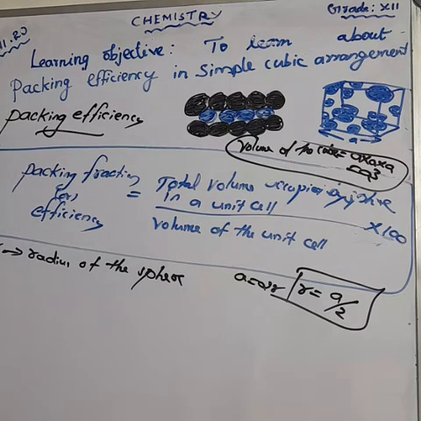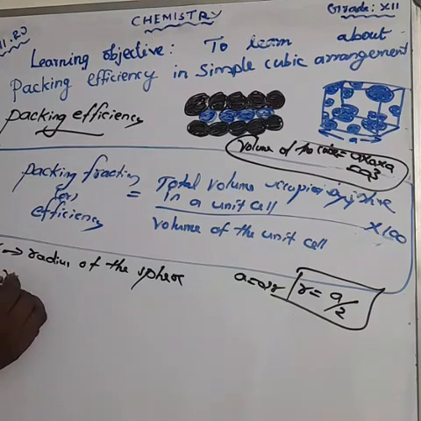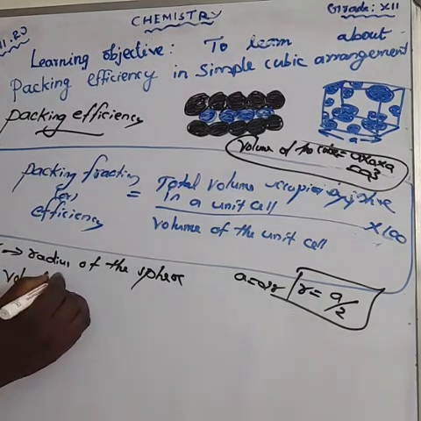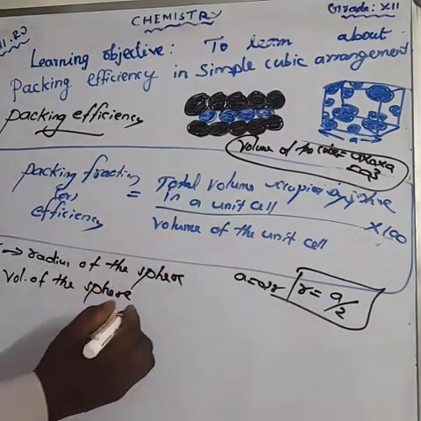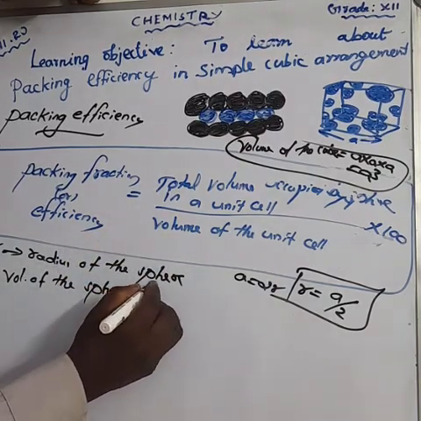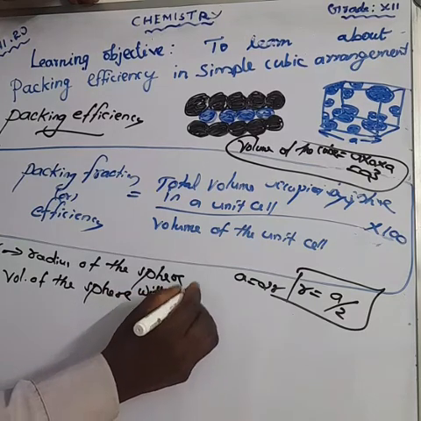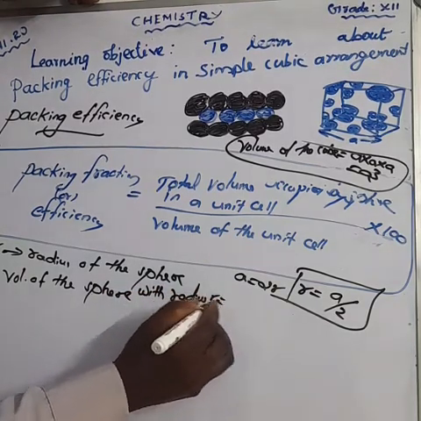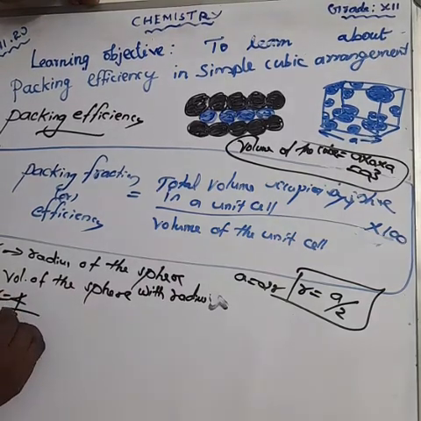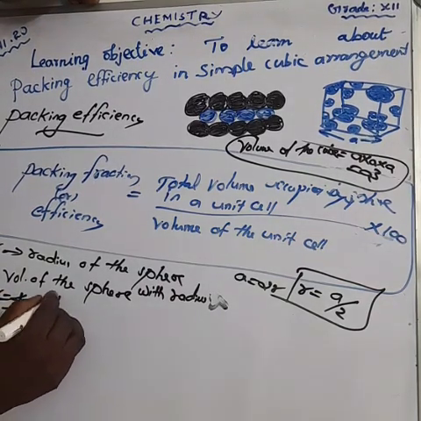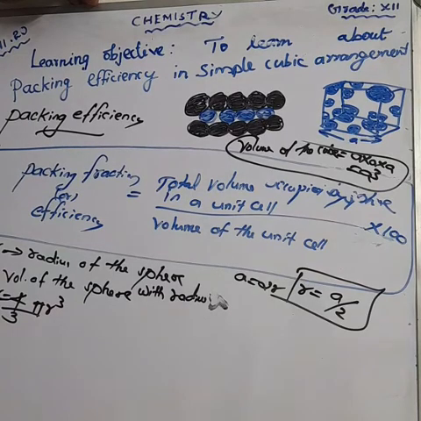Okay, here the volume of the sphere with the radius R is equal to 4 by 3 pi R cube.